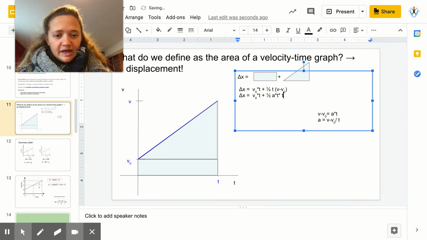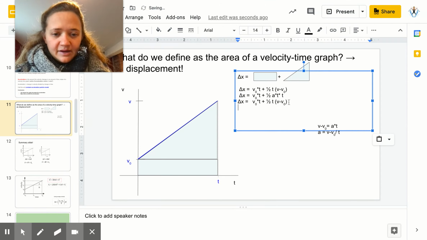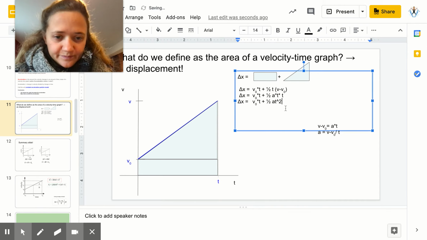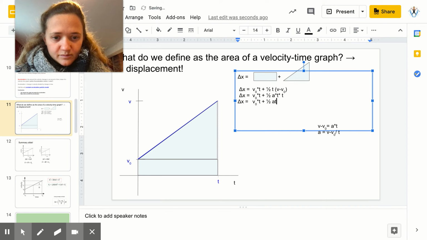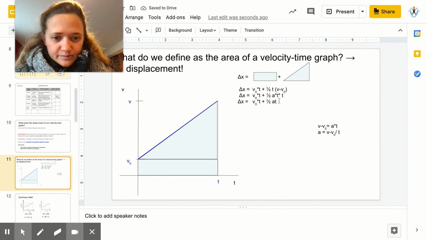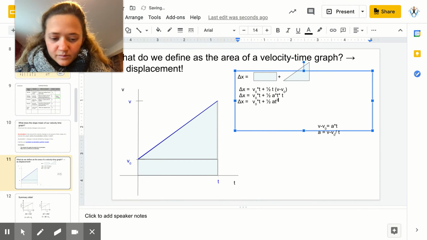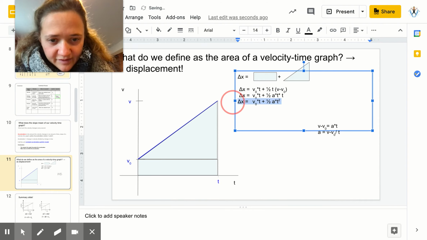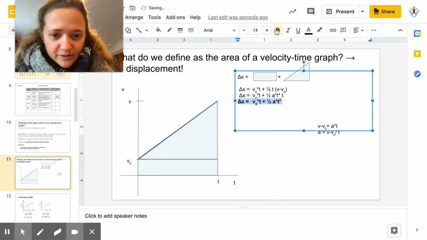We just substituted that in, and we would get 1/2 a t squared. And here we have our final equation.